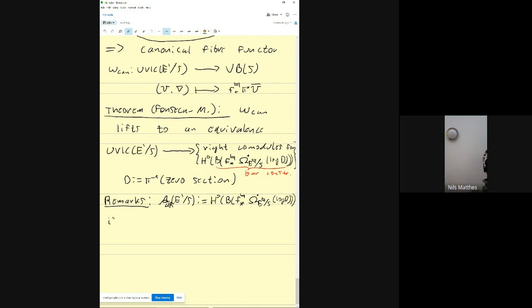So the first remark is that, well, this seems a bit unwieldy, but in fact you can compute this completely explicitly.